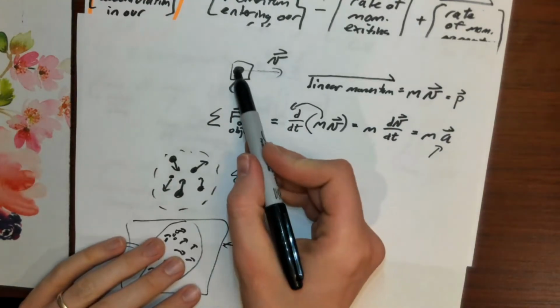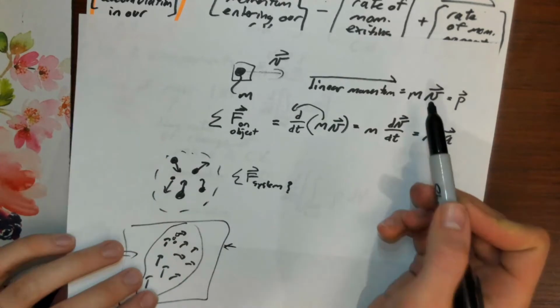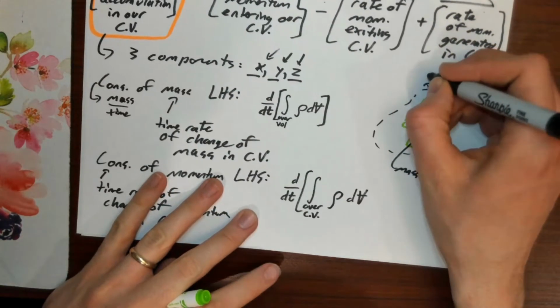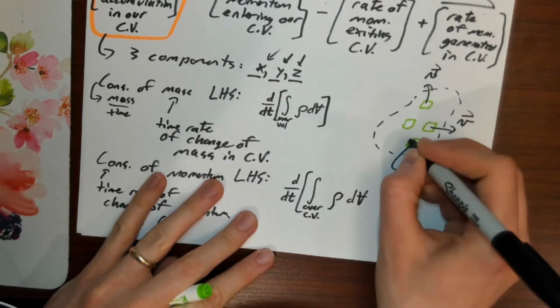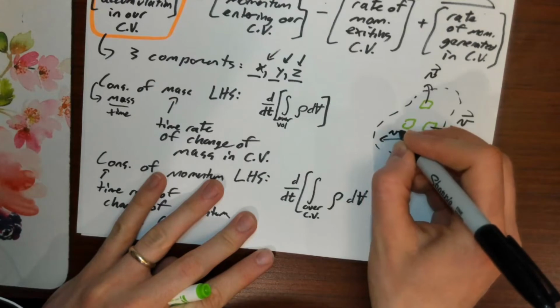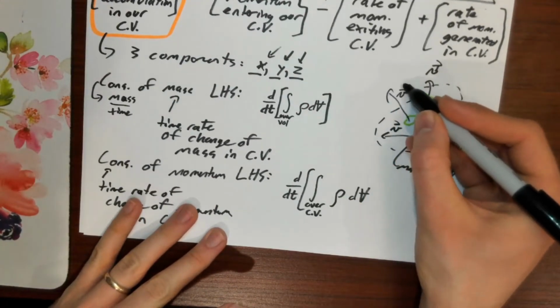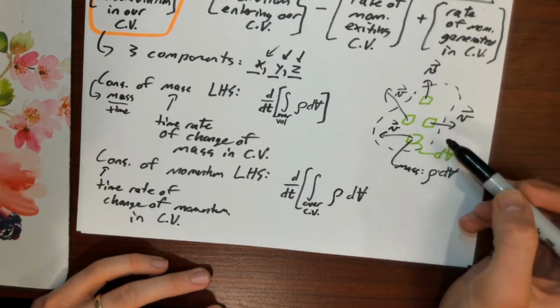Momentum of a particle is that particle's mass times velocity. So if I think about each of these little chunks having some velocity, the momenta of each of these little chunks is the mass of the little chunk times that little chunk's velocity.